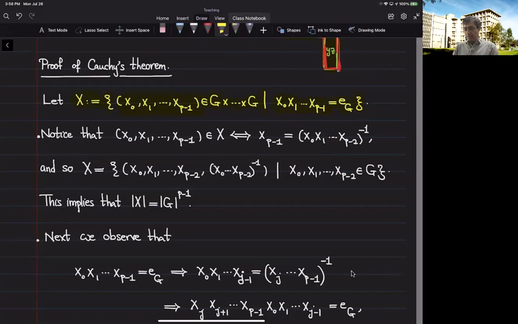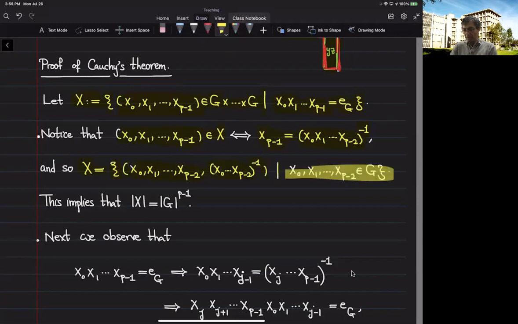Notice that if I fix the first p minus 1 entries, then I can always fill out the last component in order to get a point inside the set X, by simply letting it be the inverse of the product of the first p minus 1 entries. So the set X is nothing but these p-tuples: the first p minus 1 can be anything you want, but the last one needs to be the inverse of the product of the first p minus 1 entries.